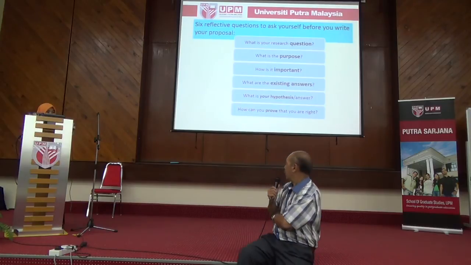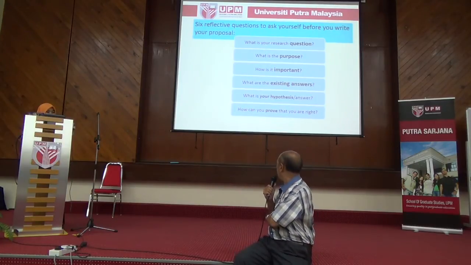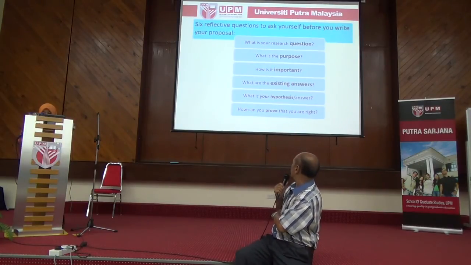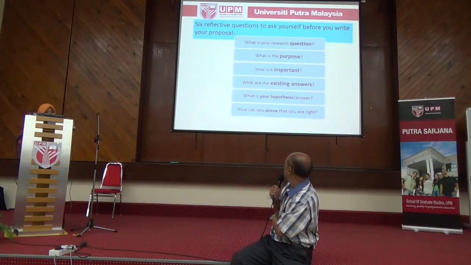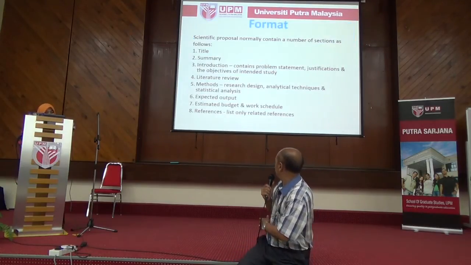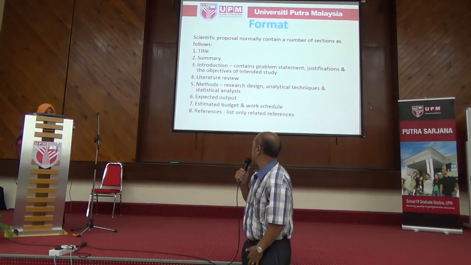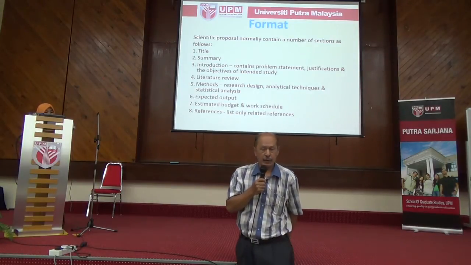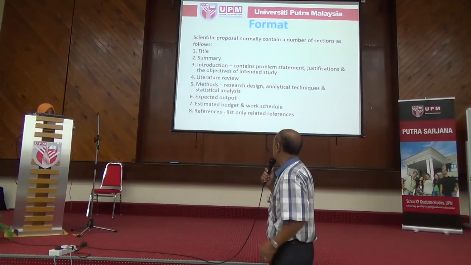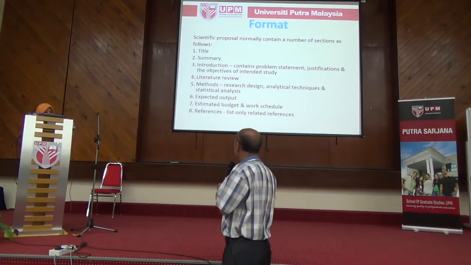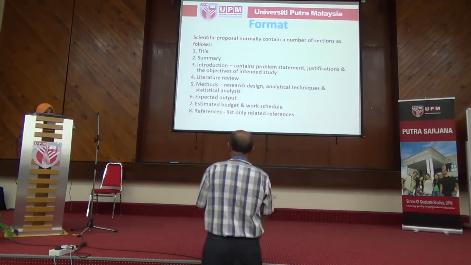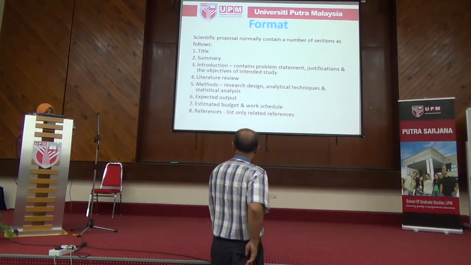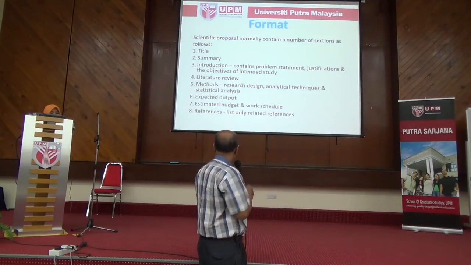Okay, I think I don't have to go through this. I want to give an example. What is your research question, purpose, how important? Okay, next one. Format. This is the normal format. You must have a title, a summary, introduction, review, method, output, estimated budget, references.